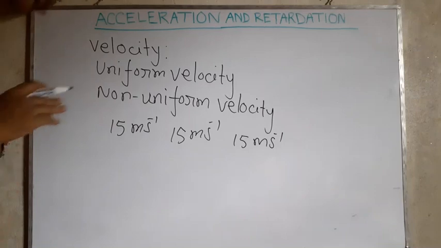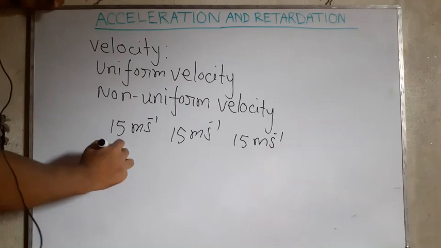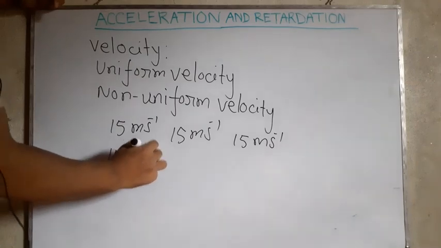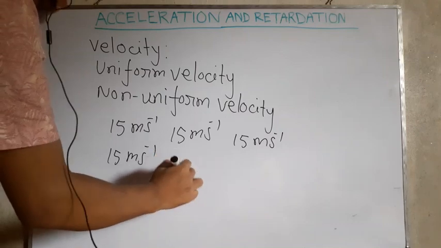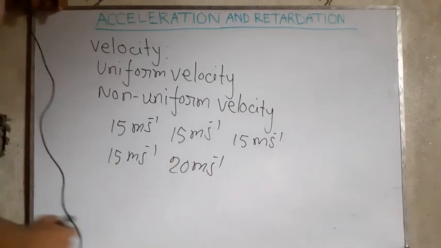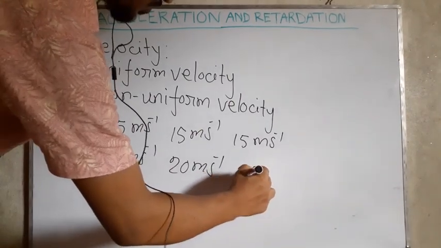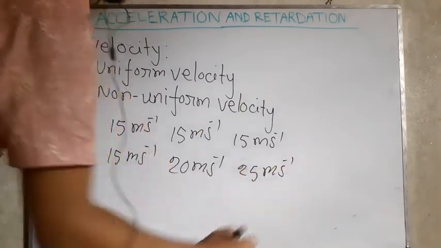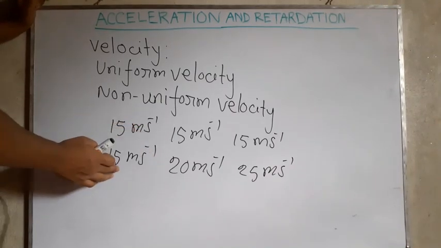But suppose a body is moving with velocity 15 meter per second. After 1 second, the velocity becomes 20 meter per second. Then after 3 seconds, it becomes 25 meter per second. In this case, the velocity is changing.